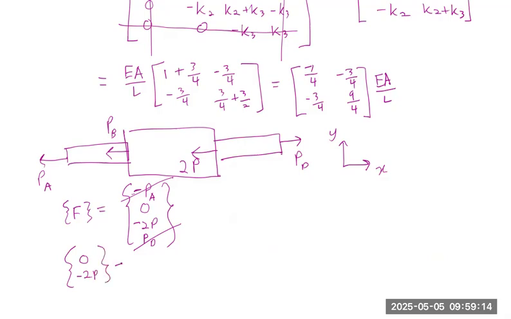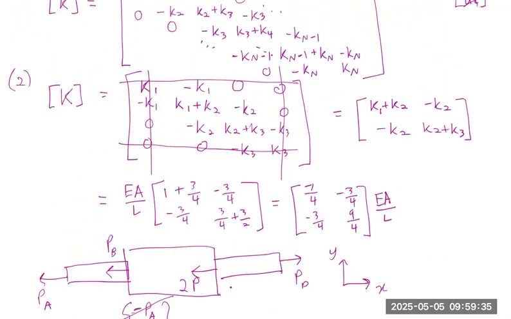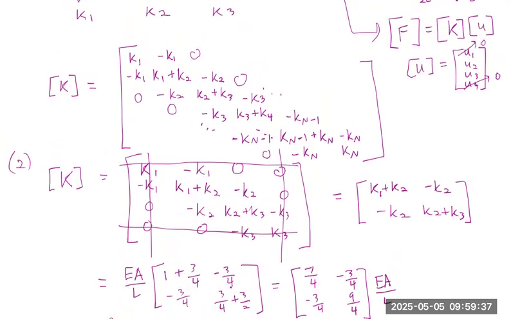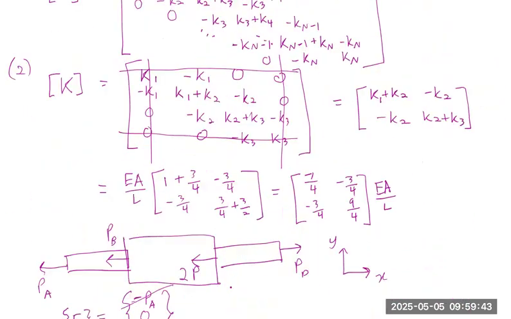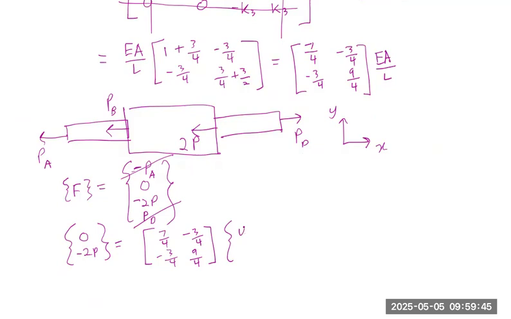And this is going to be equal to the stiffness matrix, which we found to be 7 over 4, negative 3 over 4, negative 3 over 4, and 9 over 4, multiplied by the displacement matrix, which is going to be U2 and U3, corresponding to UB and UC. The displacement at B is characterized by UB, and the displacement at C is characterized by UC.